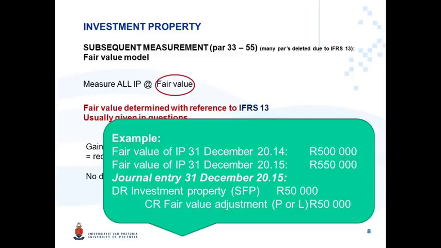So your journal entry on 31 December 2015 will be a debit to investment property through SFP 50,000 and a credit fair value adjustment through profit or loss 50,000 Rand. Please note, you may not call this a revaluation surplus and take it through OCI.